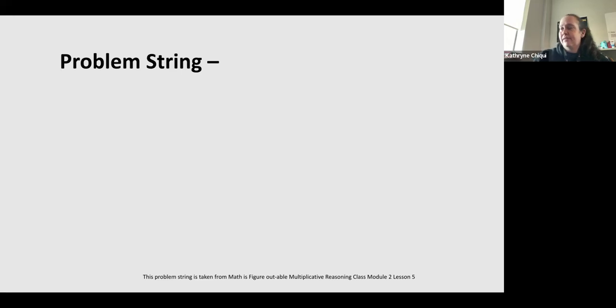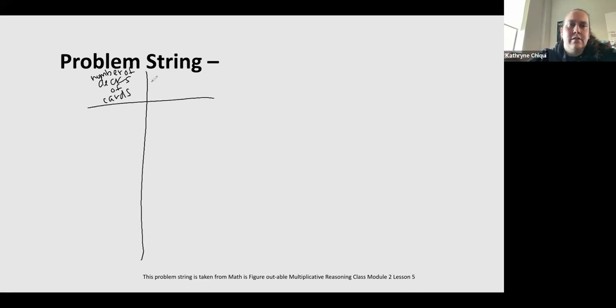And so due to that, we created a problem string around it. So to help us keep track of information, I'm going to use decks of cards, number of decks of cards, and we're going to track this.